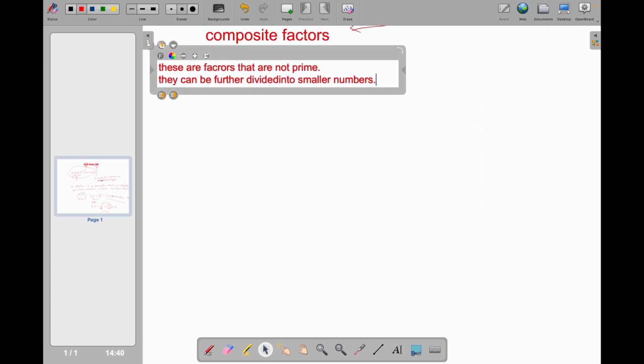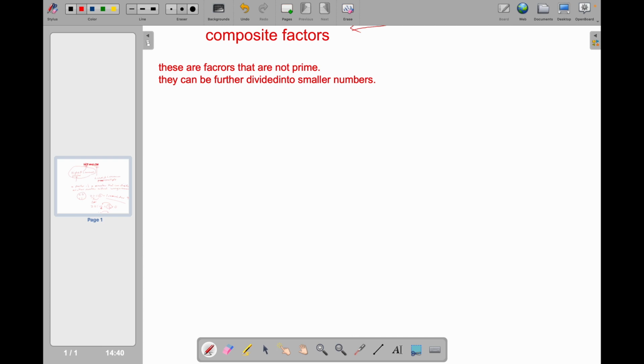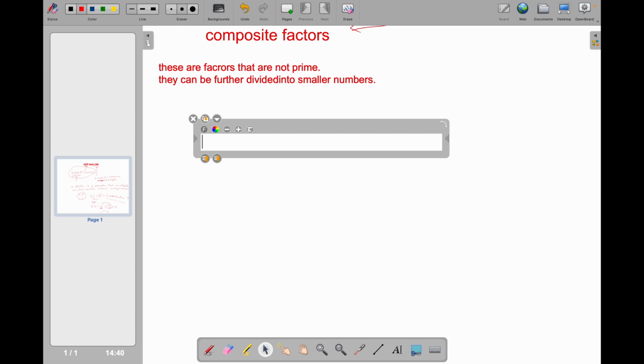Let me write it again here. When we started, we were talking about HCF, highest common factor, and lowest common multiple, and we talked about highest common factor here.